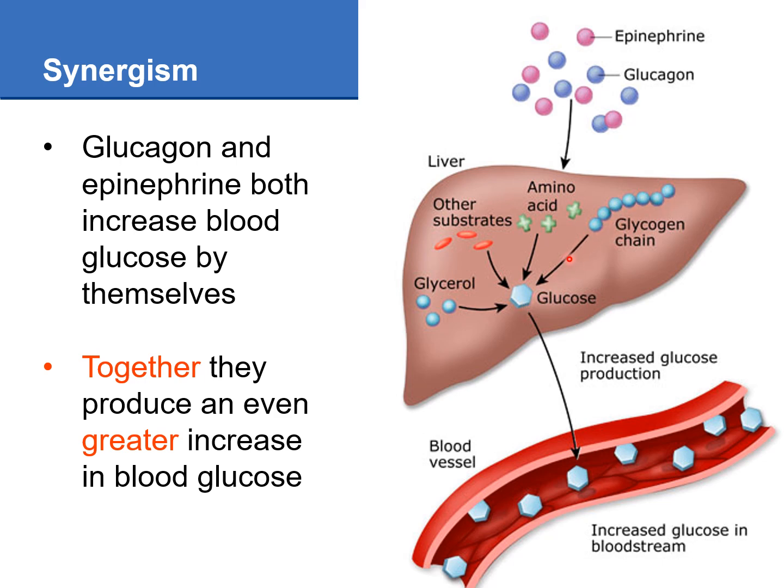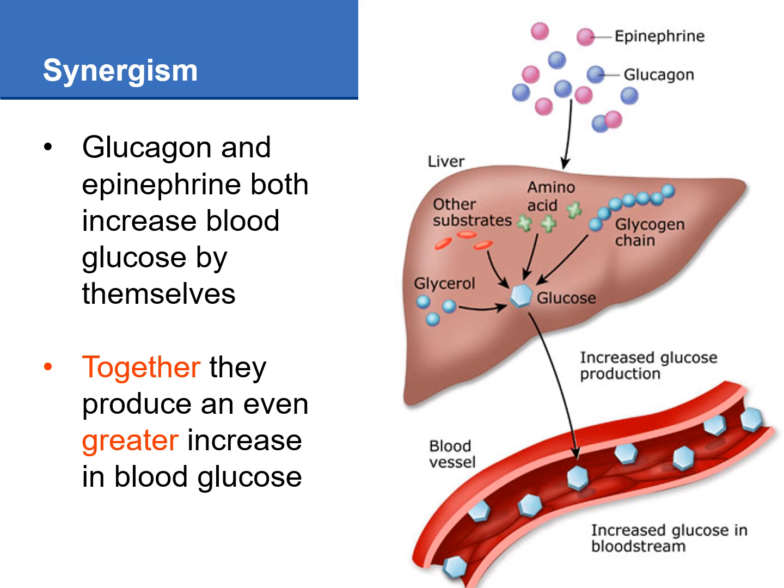So they're going to stimulate glycogenolysis. And then they're also going to stimulate gluconeogenesis. So they're going to take these things that are not carbohydrates and they're going to make some new glucose. Okay, and then the liver will release the glucose into the blood.